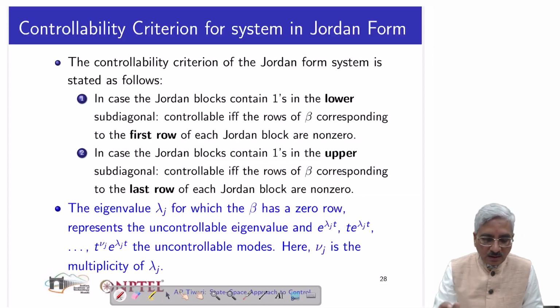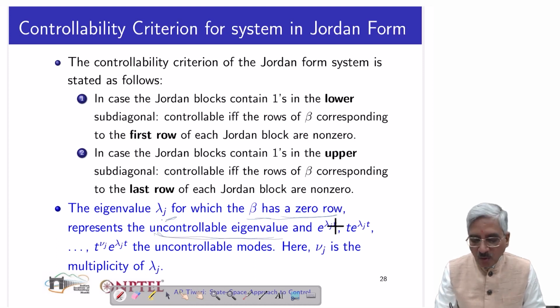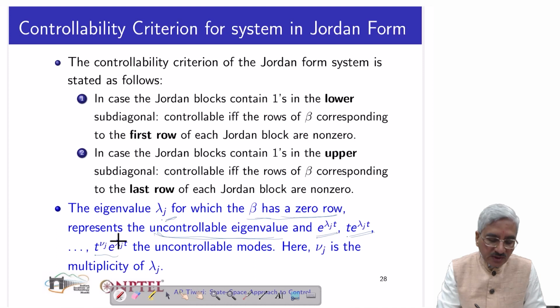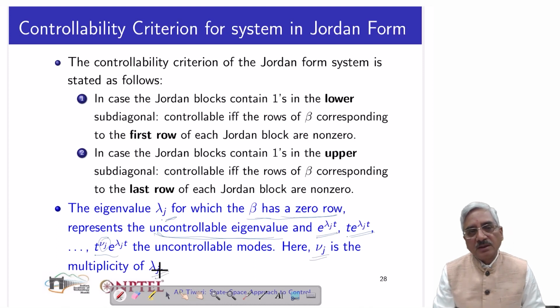Now again, the eigenvalue for which the beta has that particular row zero, that eigenvalue is an uncontrollable eigenvalue. And the modes in this case are e power lambda j t, t e power lambda j t, and so on up to t power nu j minus one e power lambda j t. This nu j is the repetition of the eigenvalue lambda j.